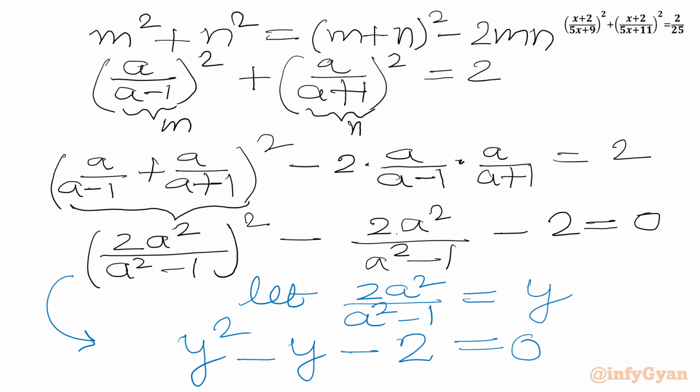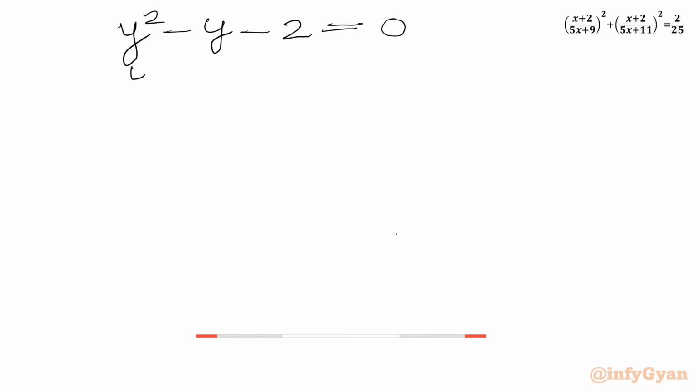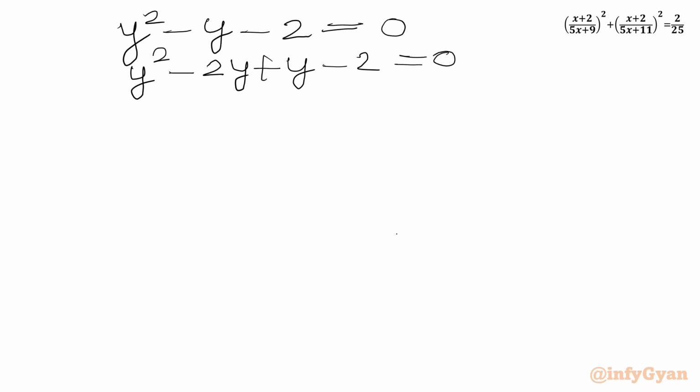Now we have to solve this quadratic equation. Let's use the method of factorization. We will split our middle term minus y as minus 2y plus y, minus 2 equal to 0.